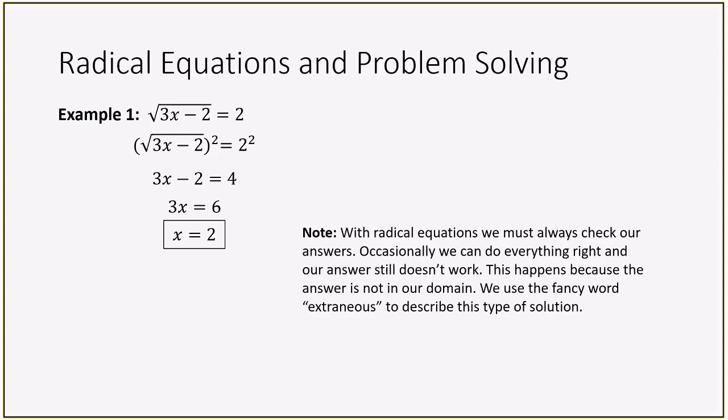So we take our x equals 2 and plug it back into the original equation. 3 times 2 is 6, minus 2 gets me 4, and the square root of 4 is 2. So both sides of the equation are equal to each other. Notice in checking, I'm not moving things to other sides of the equation. I'm just simplifying each side to see if they are equal to each other. In this case, they are.